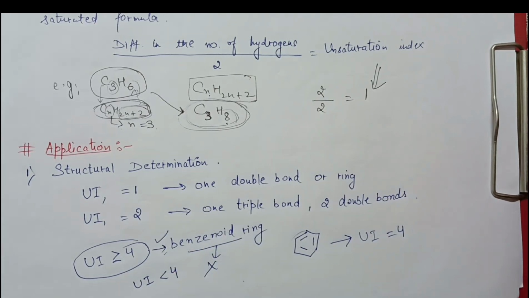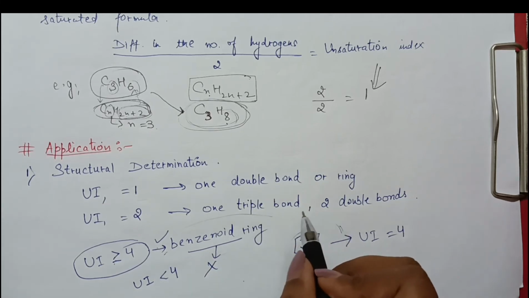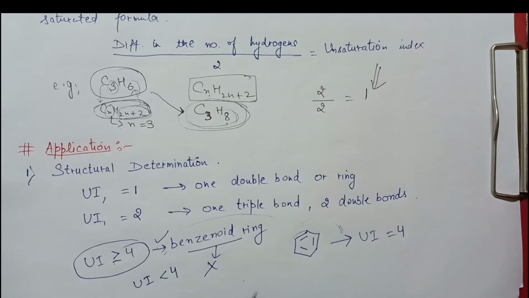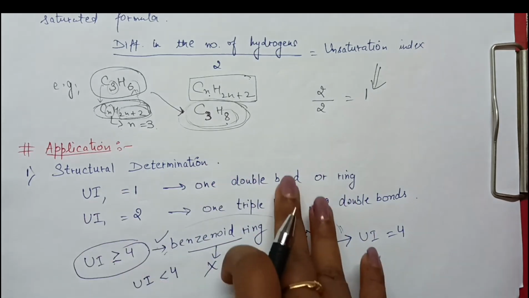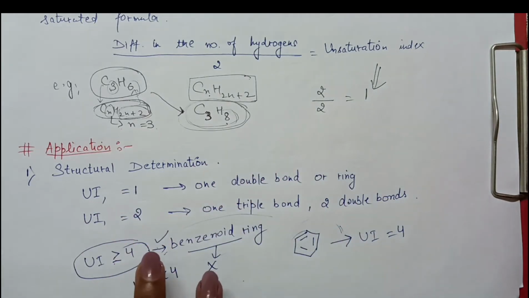So if unsaturation index is 4 or greater, then there can be the presence of some kind of benzenoid ring like this. But if unsaturation index is less than 4, then there will be no benzenoid ring. So these are the major conclusions which we can draw using the unsaturation index. After this we will move on to determining the index of hydrogen deficiency of a compound.